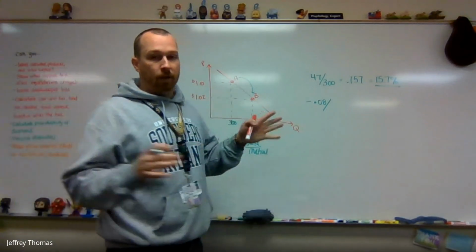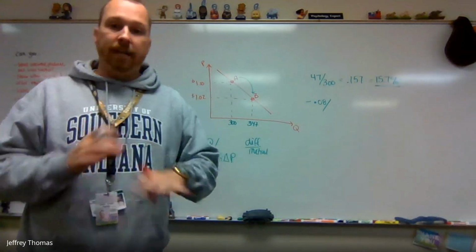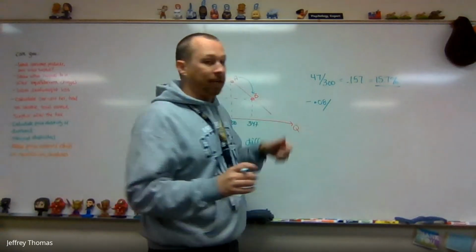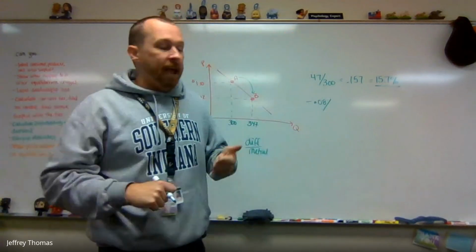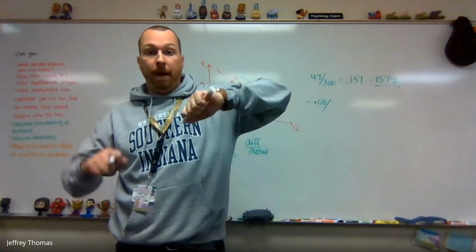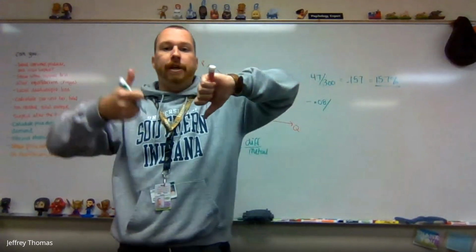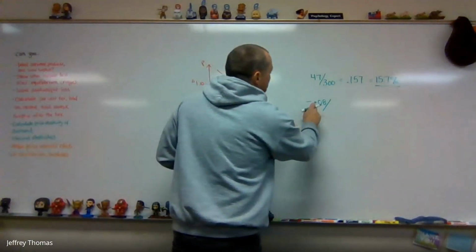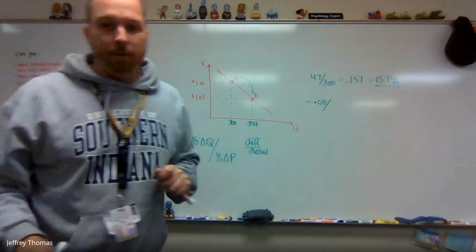But for just regular old price elasticity of demand, it doesn't matter because it's always going to be negative. Because if the price goes up, we're going to buy less goods. It would be a negative quantity change. If price goes down, we're going to buy more goods. So a negative price change causes a positive quantity change. So our difference is negative 0.08.